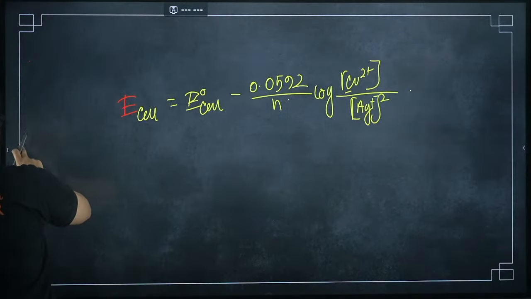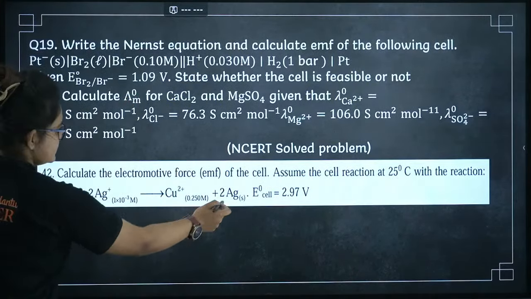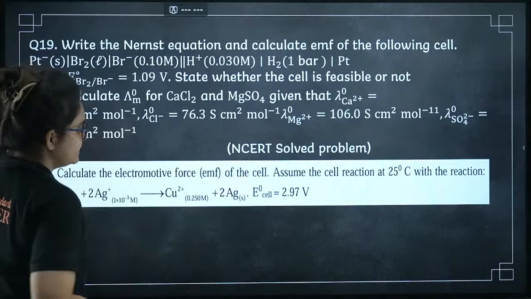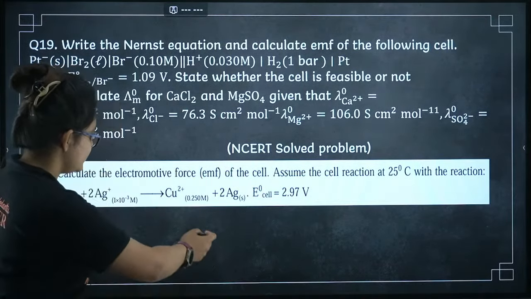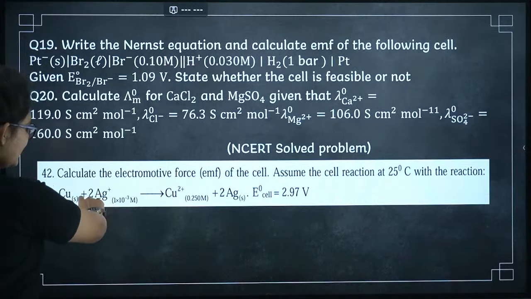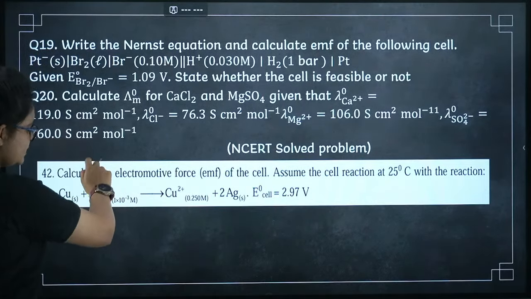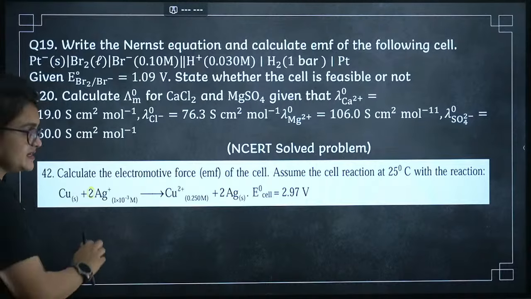Because you can see, we write product by reactant, right? The Ag we will not take, being in the solid state, because its concentration is taken as 1. So we take Cu2+ divided by Ag+, and the stoichiometry goes to the power, right?